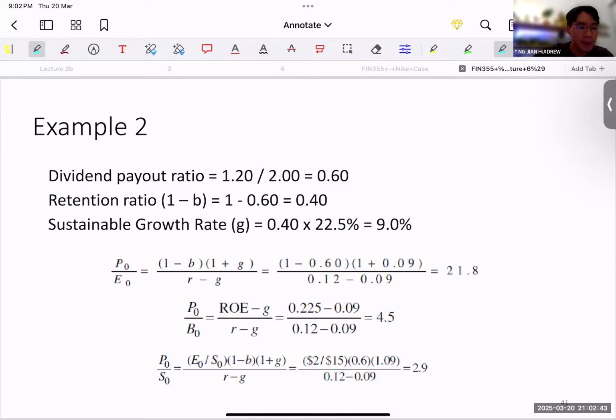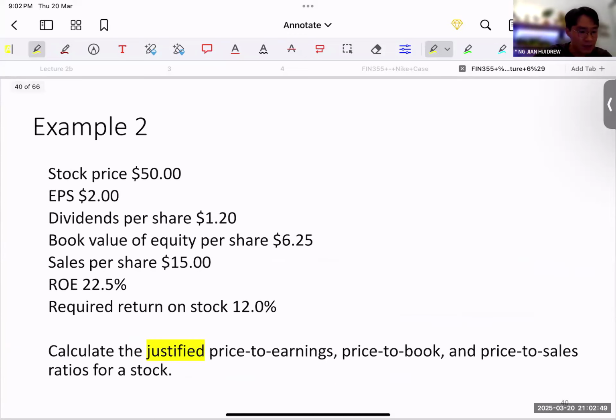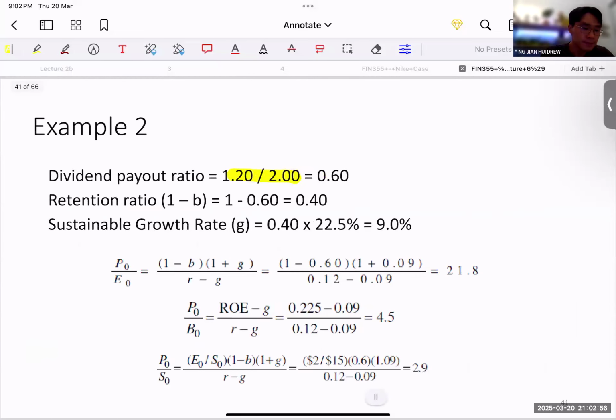We take how much dividend is being paid divided by your earnings, right? So I'm just going to flip over to show you how much dividend is being paid, and the earnings is $2. So this is our dividends per share. Sorry, not dividends, your payout ratio. From the payout ratio, we can determine your retention ratio, which is given. And with your retention ratio, you multiply your retention ratio by your ROE to give you your sustainable growth rate.